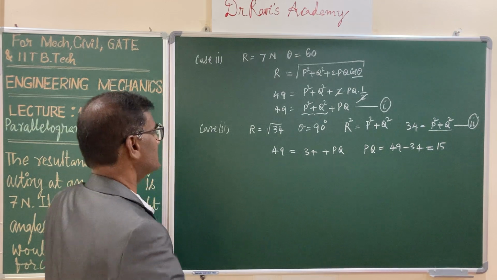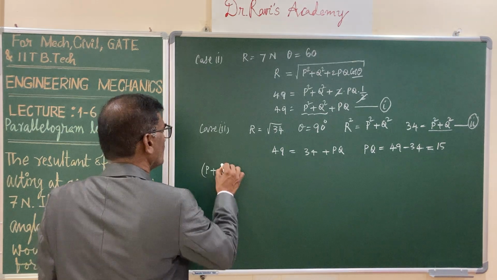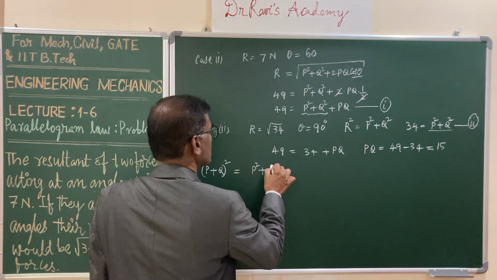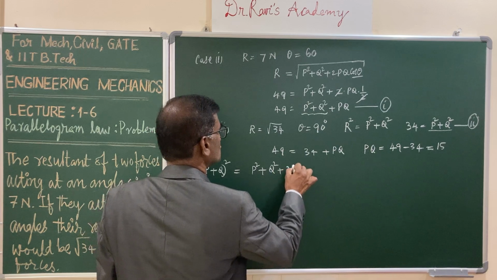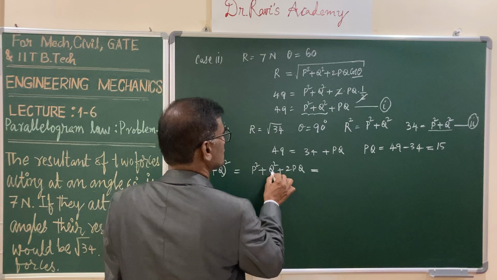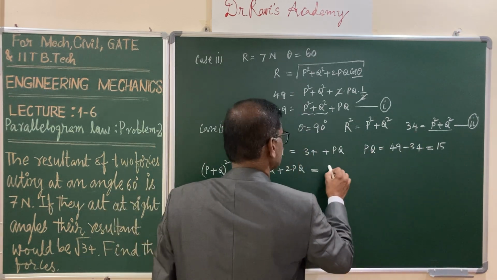Now let us write (P plus Q) whole square. You can expand it: it is P square plus Q square plus 2PQ. And this value, P square plus Q square, as you know, is 34.